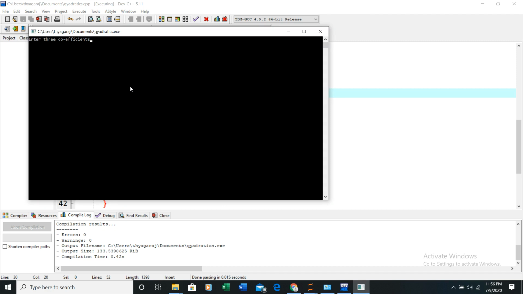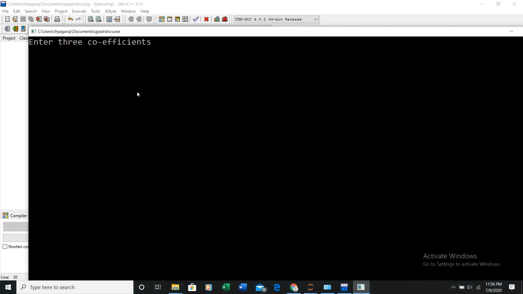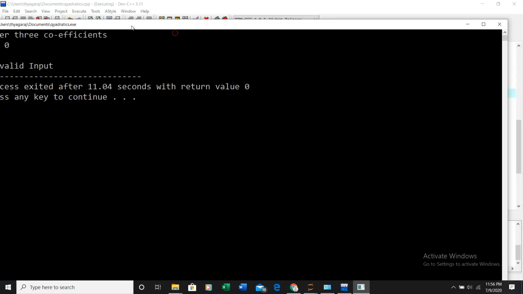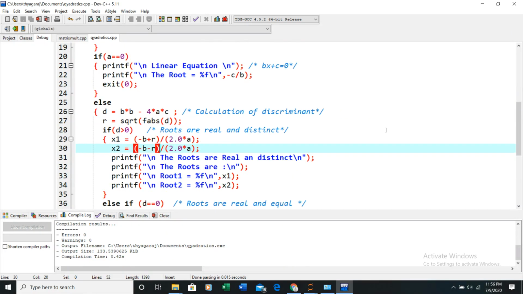Enter 3 coefficients, here 0, 0, 0. We'll check what it is. Invalid input. Now the program is working correctly and it is executing all types of the roots.